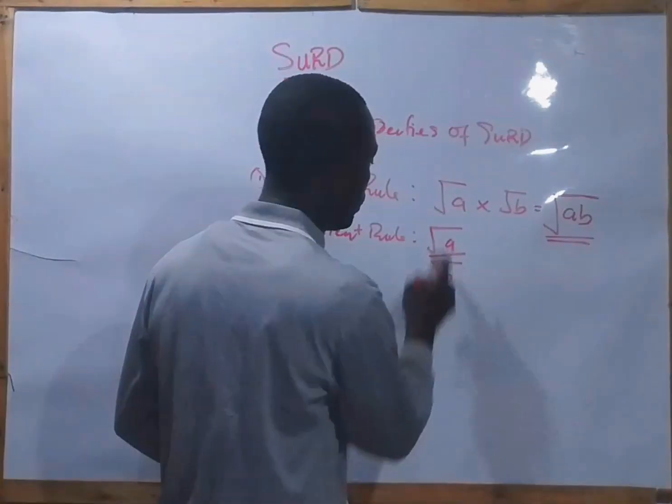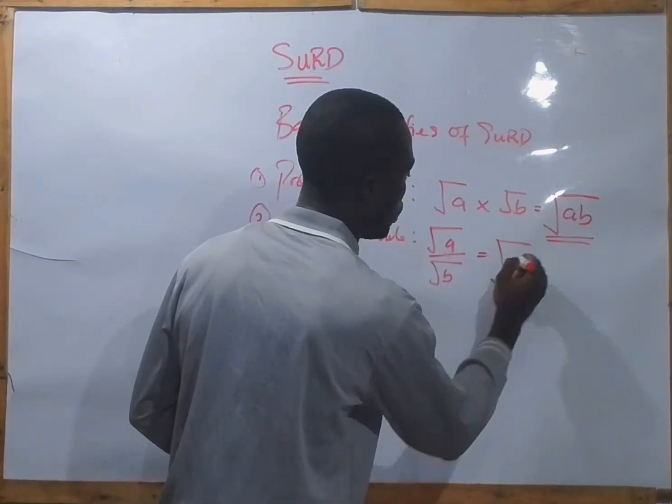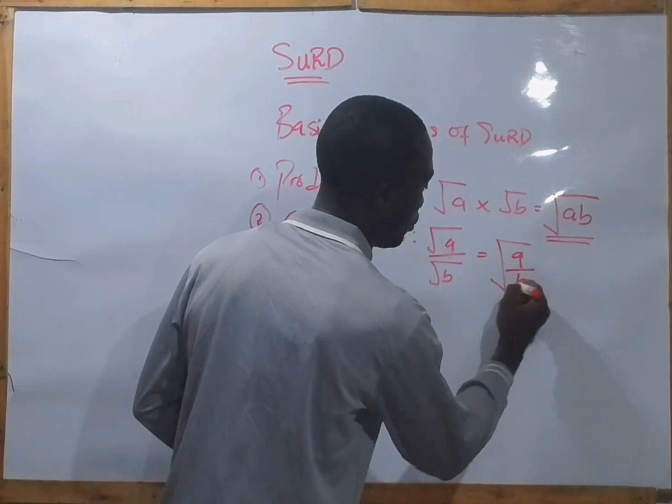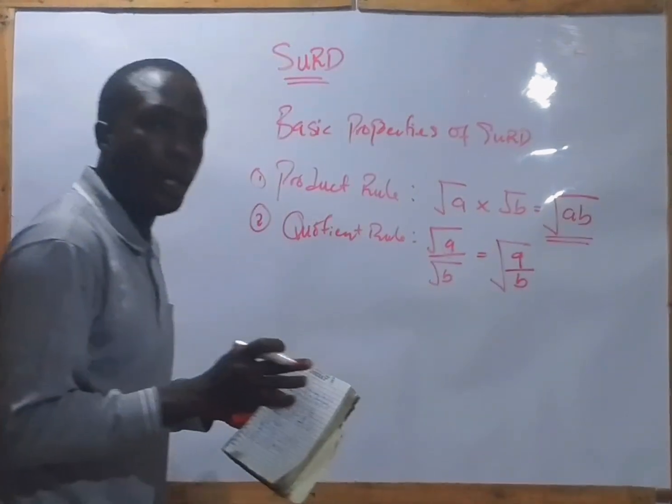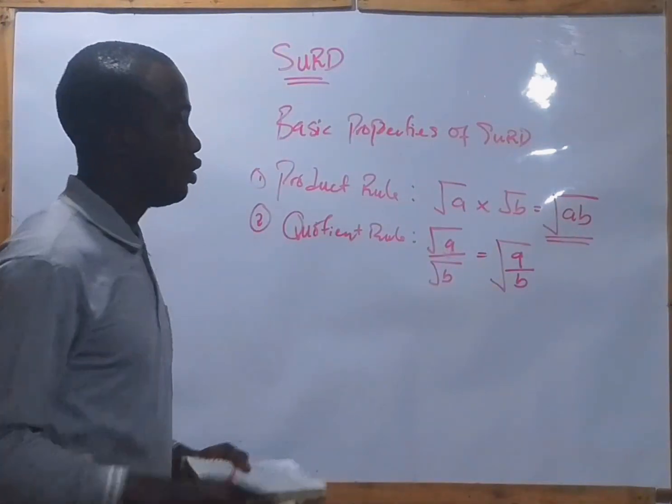Since all of them are in root, what you do is that you say equal to, you open a big root, A divided by B. You put them together in one square root.